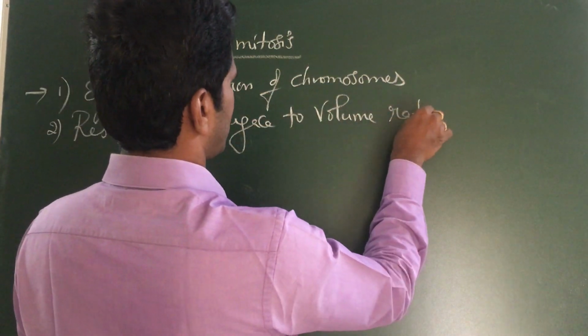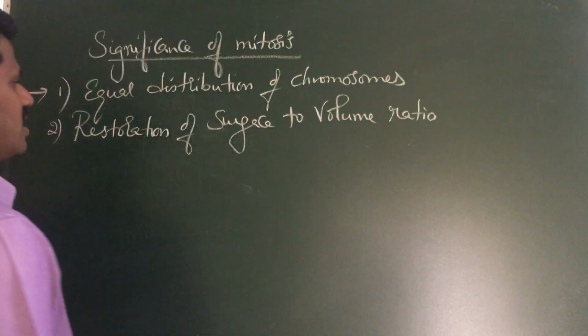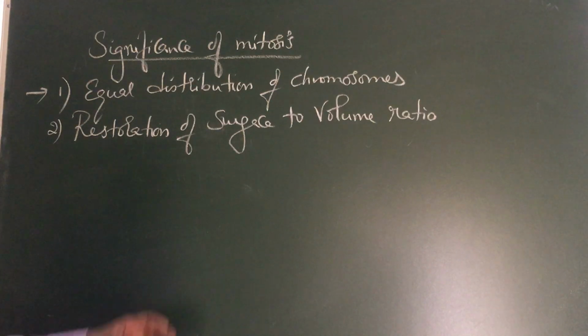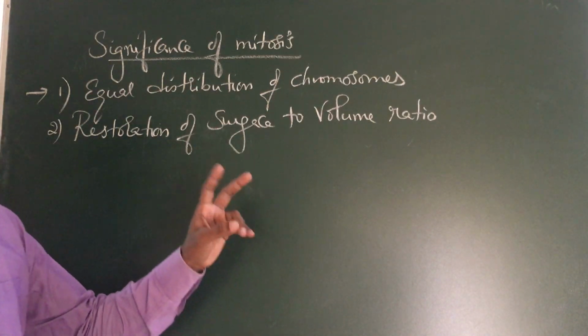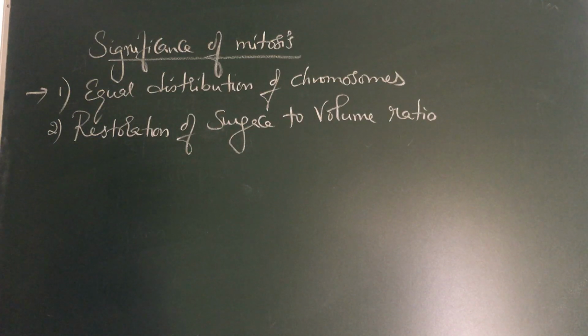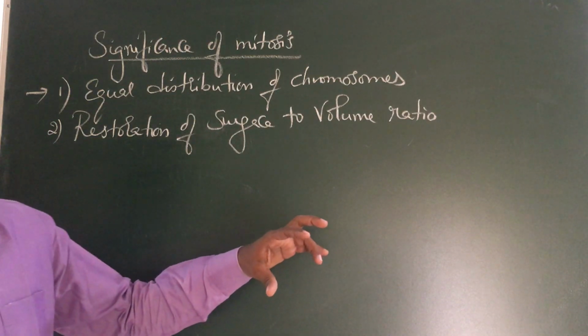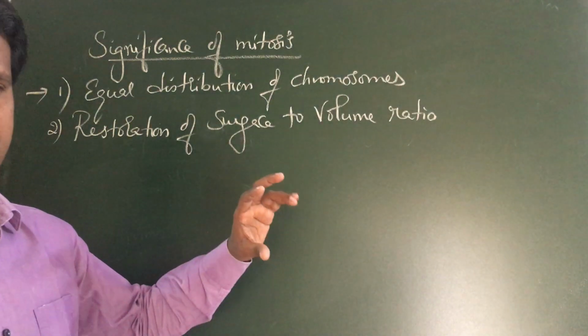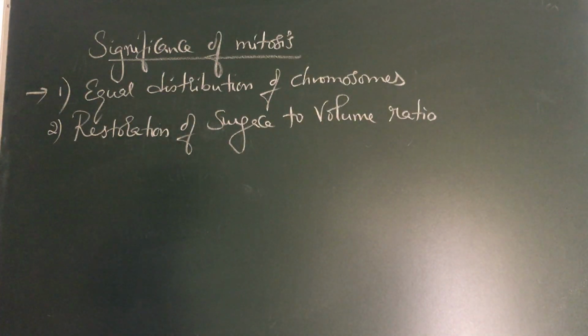Restoration of surface to volume ratio means that whatever volume is present in the initial cell, the same volume is maintained in the two daughter cells. That is called restoration. You don't have small cells in the daughter and a large cell in the parent. Everything will be equal.